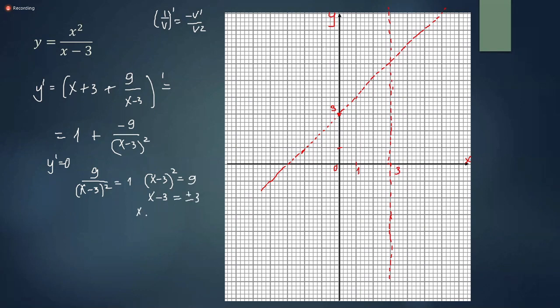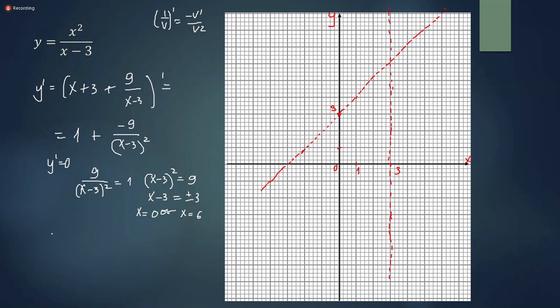So either x is 0 or x is 6. So these are the critical points. So this is one way of finding the derivative. Of course, you can find the derivative in the normal classical form as we do the quotient rule. In that case, you would see the denominator something like 6x minus x squared, I think, and you would still have the same 2 points. It doesn't matter by what method you do, as long as you do things correctly.